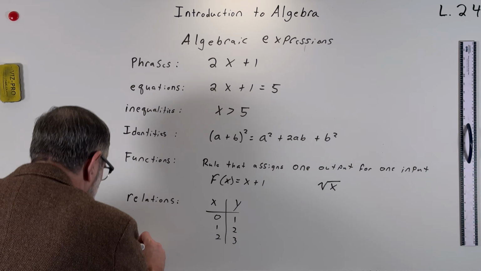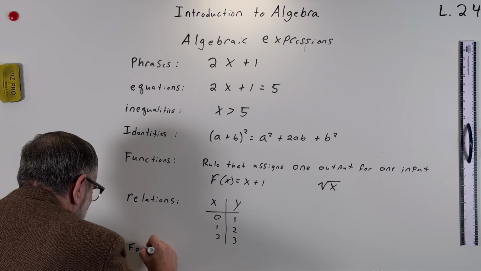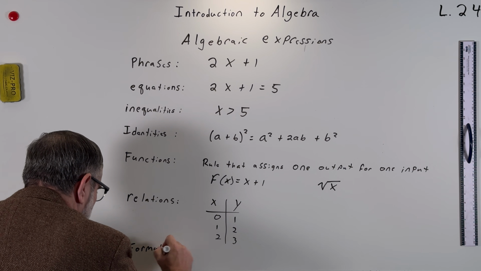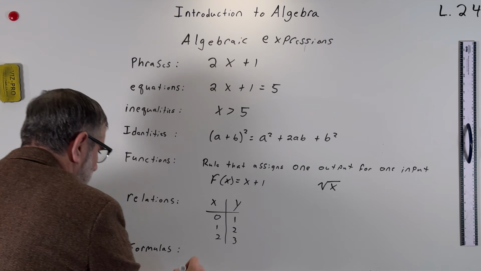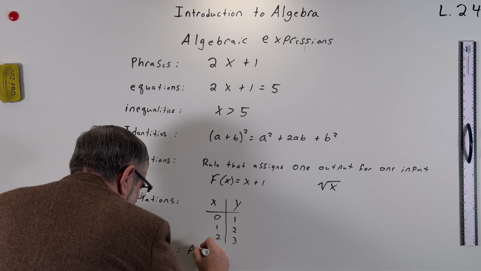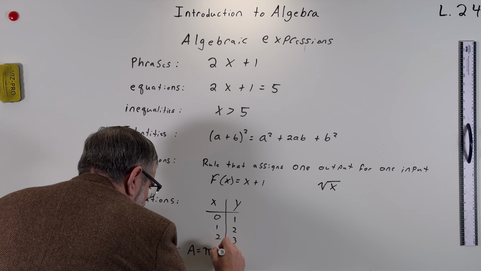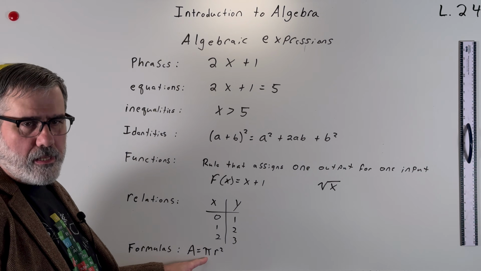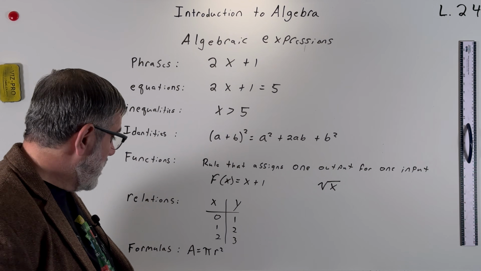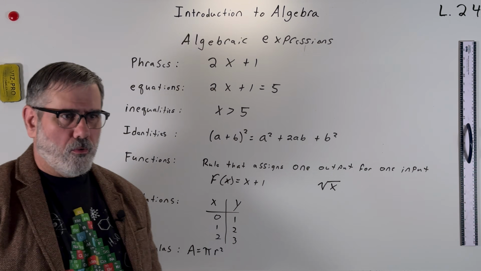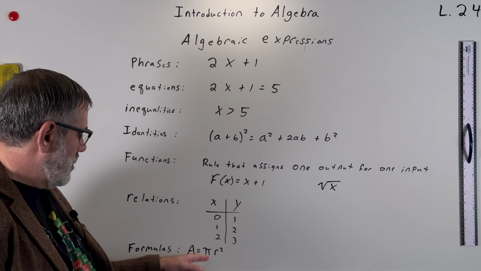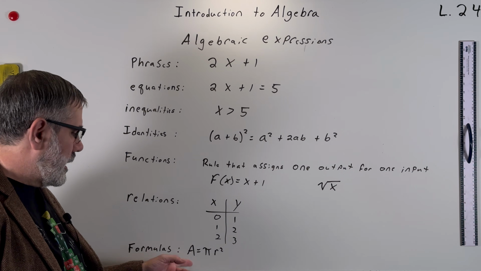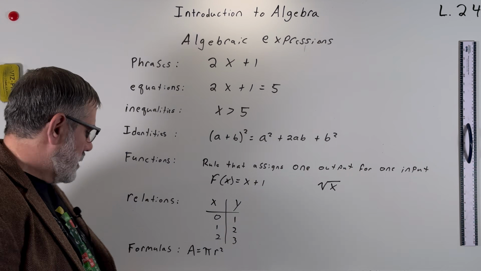And finally, something you've probably already seen, I know you've seen it before, are formulas. Things like A equals pi r squared. That's the area of a circle. Pi is the transcendental number, 3.14, etc. R is the radius of the circle. So you input the radius of the circle, you square it, multiply it times pi, and you get the area of the circle. So that's a formula.